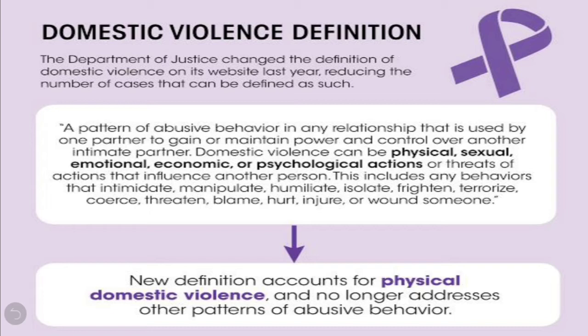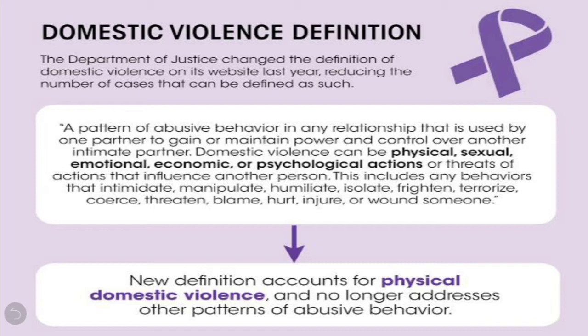So children, are you familiar with this violence? Of course, yes. Everybody might know about domestic violence, as you might have observed in movies, in serials, or at times in your neighborhood. So what is domestic violence?